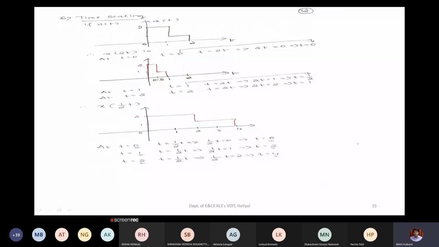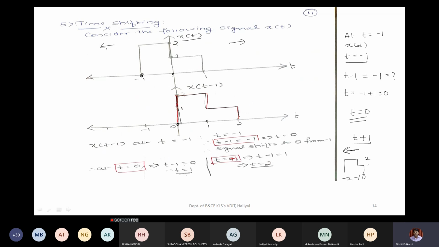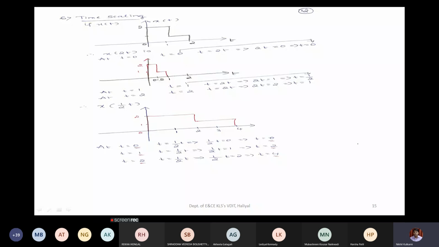Next, last but one, what we have is time scaling. In amplitude scaling, we had written something before x of t. Time scaling and time shifting mean this value of t is going to change.